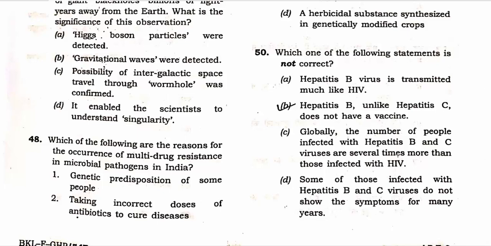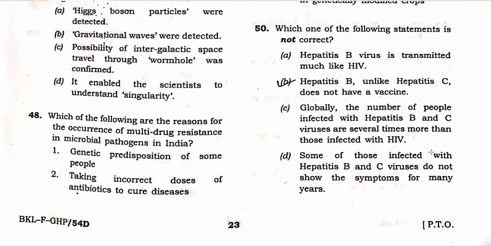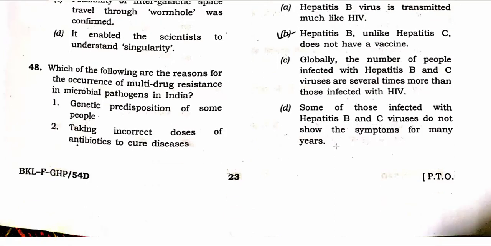If you see logically, this could be an answer. Some of those infected with hepatitis B and C viruses do not show symptoms for many years. Yes. But if we see the columns of hepatitis A, B, C and others, hepatitis C is the one which does not have any vaccine. So the correct answer for the 50th is option B. Hepatitis B, unlike hepatitis C, does not have a vaccine. So this is the answer for your 50th question.